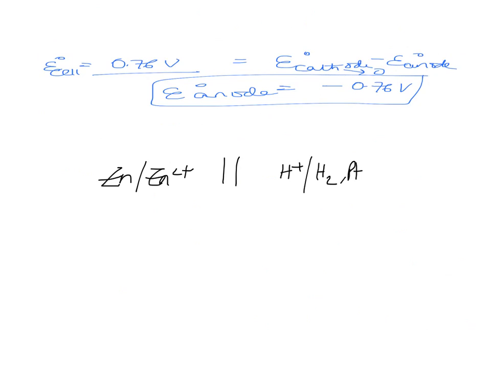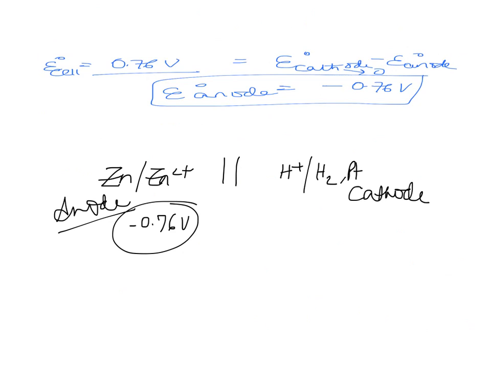So if the concentration is given, you would provide that. If not, that's okay. But left side is going to continue to have the anode. Right side is going to have the cathode, and the voltage associated with zinc is negative 0.76 volts, and we use the word standard electrode potential, and this is how it's measured.